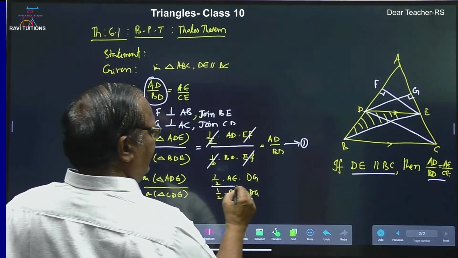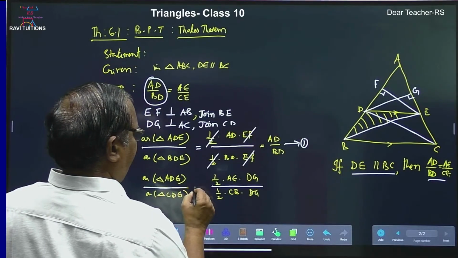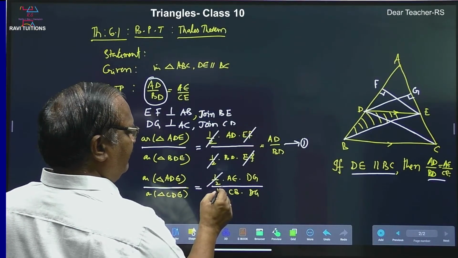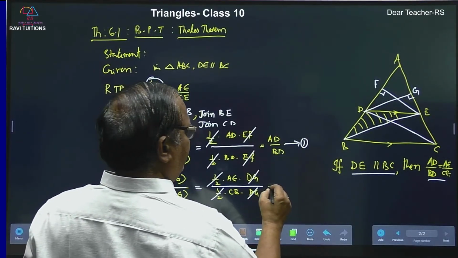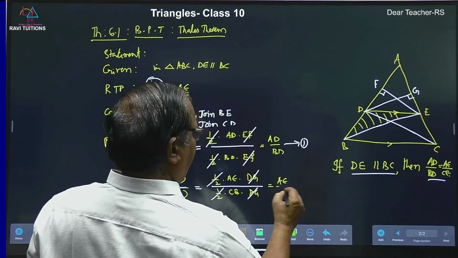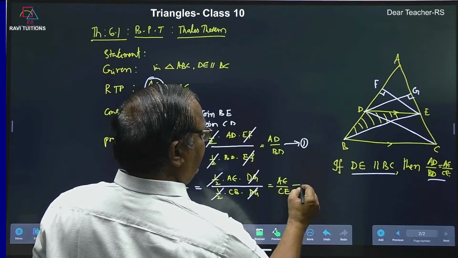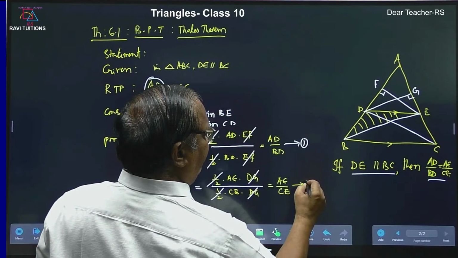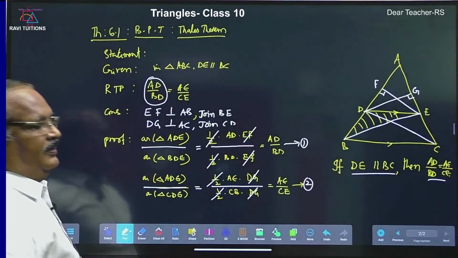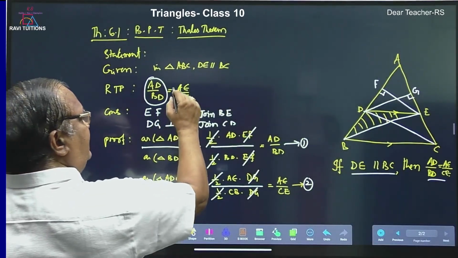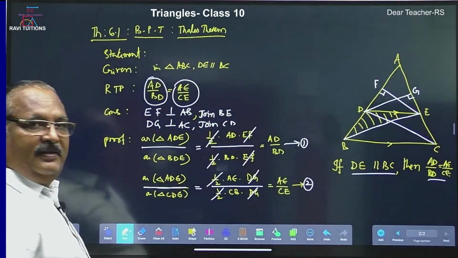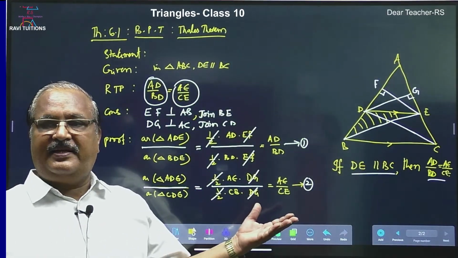So now divide it. Halves will get cancelled, DGs will get cancelled, which is equal to AE by CE. Say this is the second equation. Now this AE by CE is nothing but the other side. We have got the right hand side.